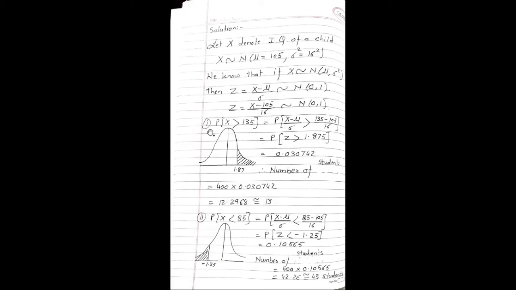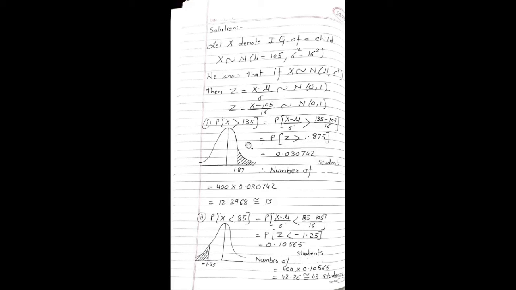In the first part of the problem we will calculate probability x greater than 135, which is equal to probability (x minus mu upon sigma) greater than (135 minus 105) upon 16. So we get probability z greater than 1.875.